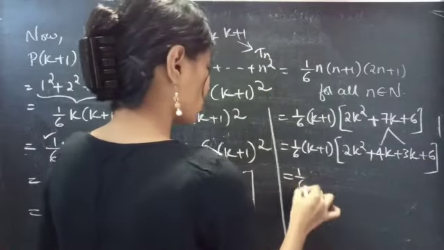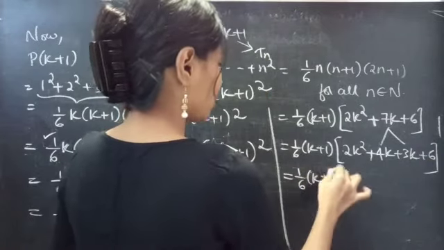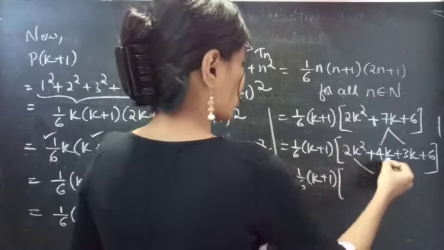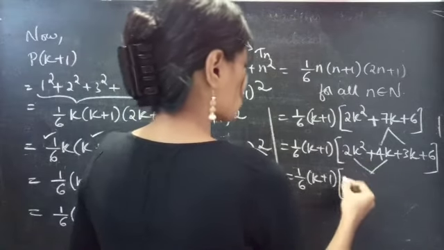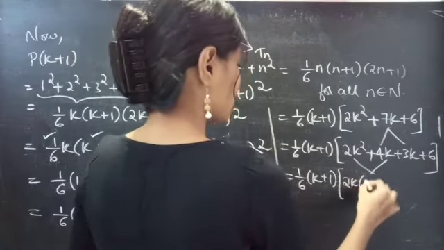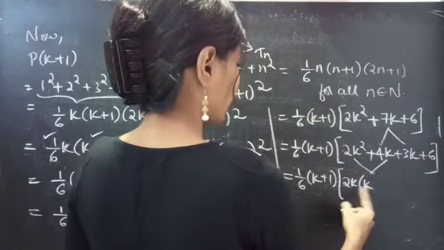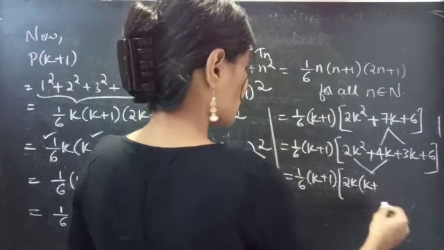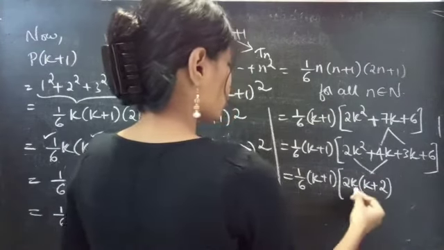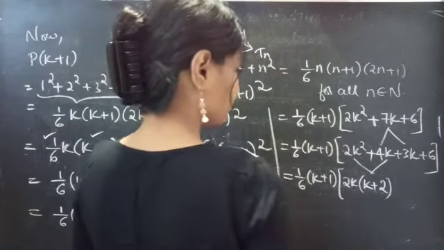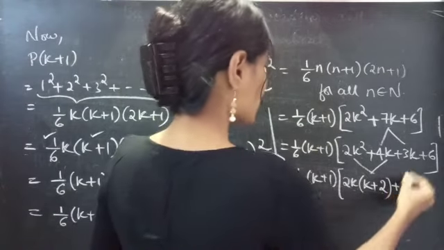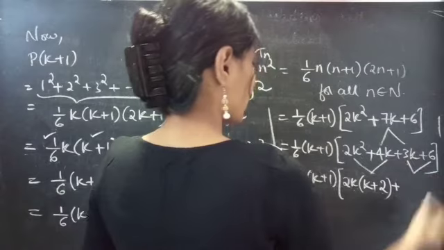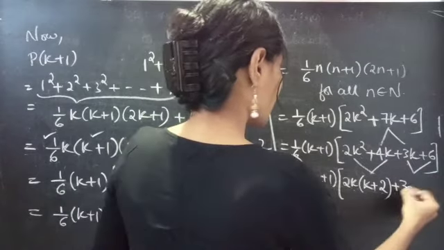This equals 1 by 6 into k plus 1 into, now take 2k common from the first two terms. You'll get 2k times k, 2k square, plus 2k into 2 is 4k, plus, take 3 common from the next two terms.